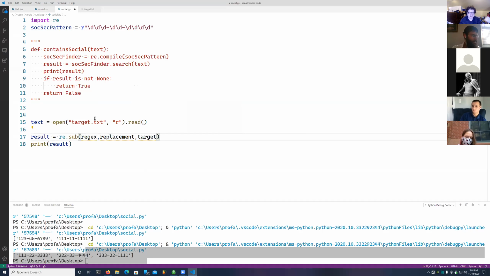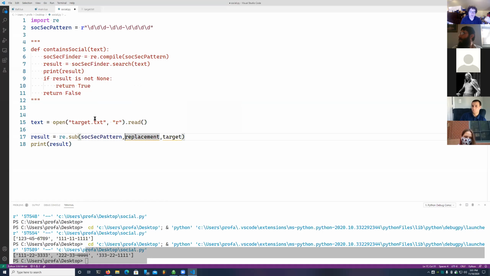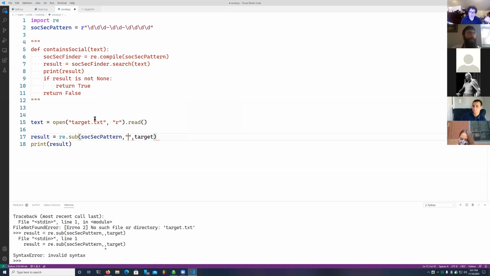So here, our regular expression is the social security pattern. I'd like to replace that with, let's go with, hey, this seems private, in brackets.